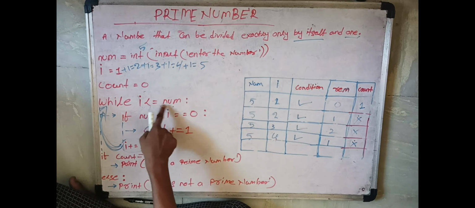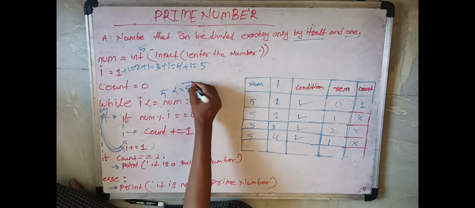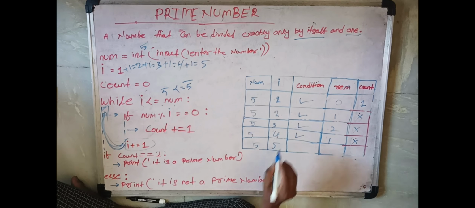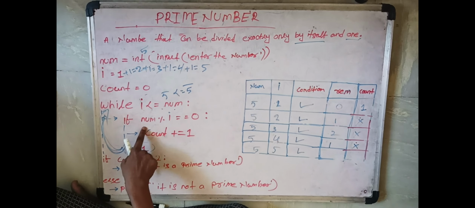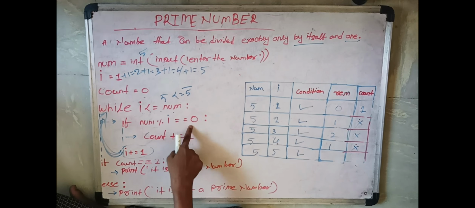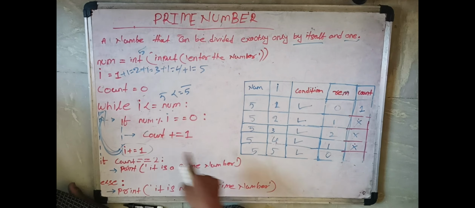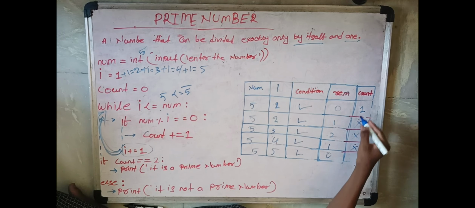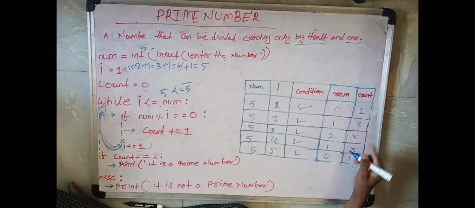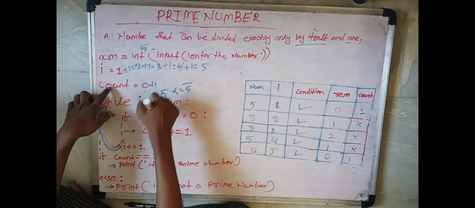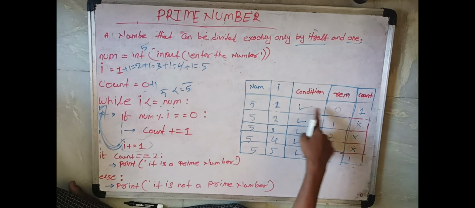i less than or equal to num: 5 less than or equal to 5. So this condition is true. Then check the if condition num modulus i equal to 0. The remainder will be 0. If the remainder is 0, then count will increase. Already my count value is 1, because 5 divided by 1 was true with remainder 0.